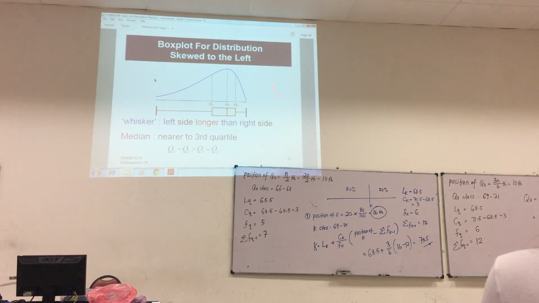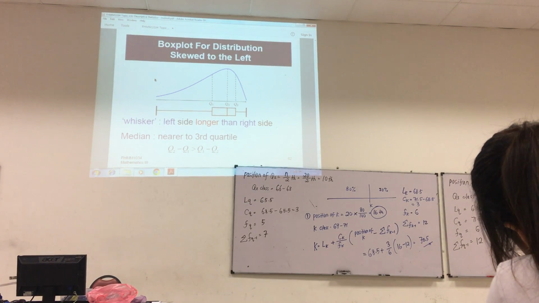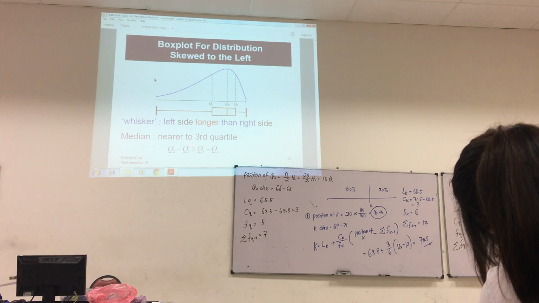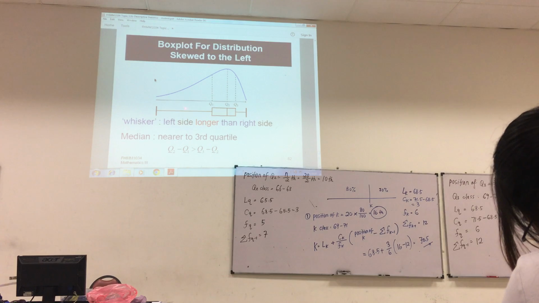If you talk about skewed to the left, the tail is longer on the left, so your whisker on the left hand side must be longer, and the box on the left hand side is also bigger in terms of size. In terms of writing, normally this is how we write the reason when describing the box.